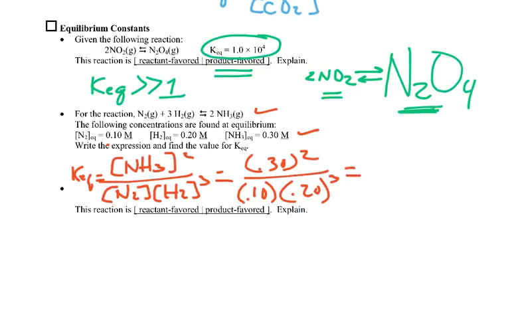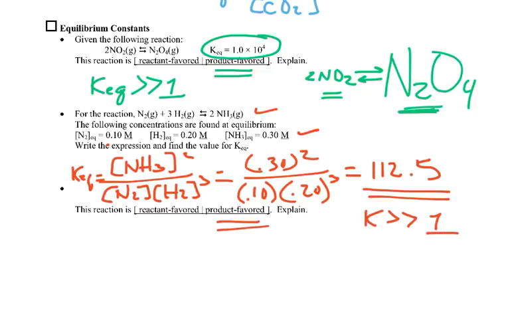So it's going to be 0.3 times 0.3 divided by 0.1 divided by 0.2, 0.2, and 0.2. And the value we get is 112.5. Now these Keqs are unitless numbers. These are equilibrium values, so this really is the Keq. Okay, so this is much larger than 1, and so we know that this is product favored.